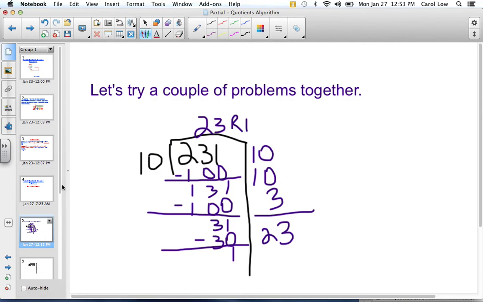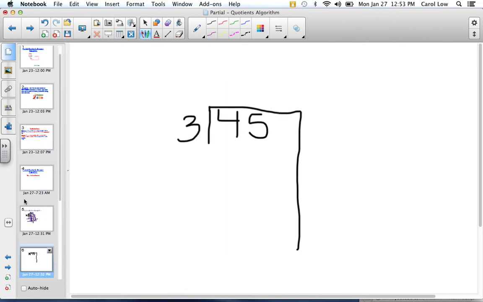Let's try one more. 45 divided by 3. Well, I'm going to start, and I'm going to say 10 times. So I've divided, now I multiply, and what I usually do is I put it over here: divide, multiply, and subtract.